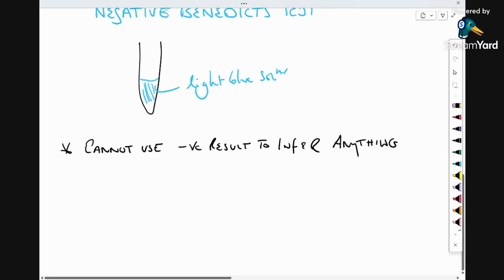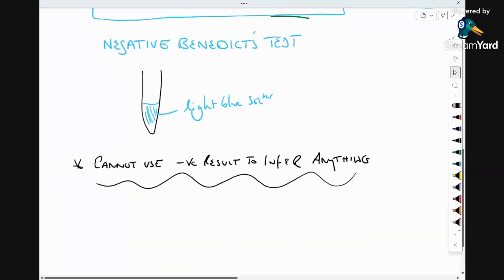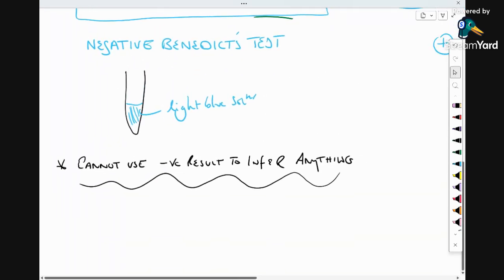And that is generally true across biology. We cannot simply do the Benedict's test as described, and if there is no change, say, oh, well, it must be sucrose, or it must be a non-reducing sugar in there. Because the alternative is that the whole thing just didn't work for some unknown reason.